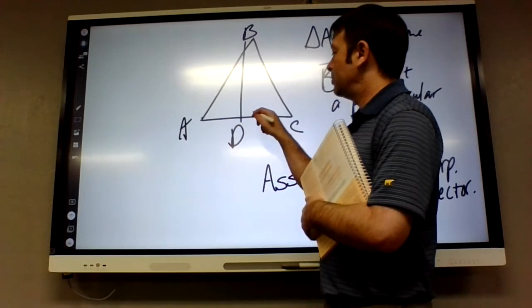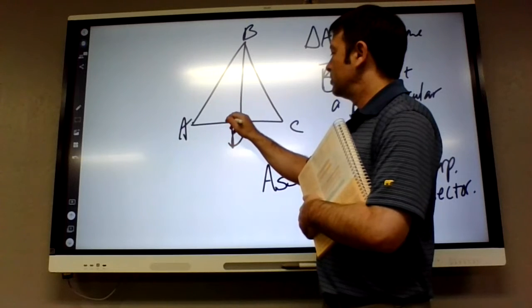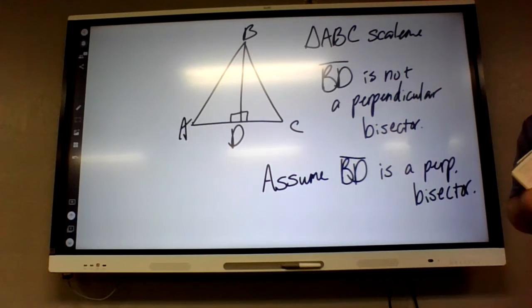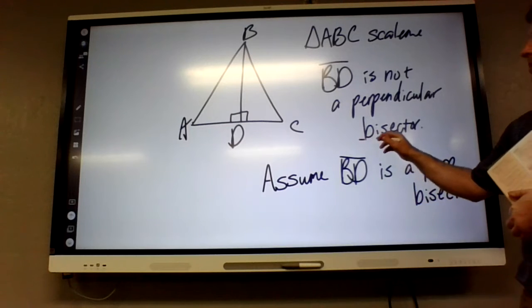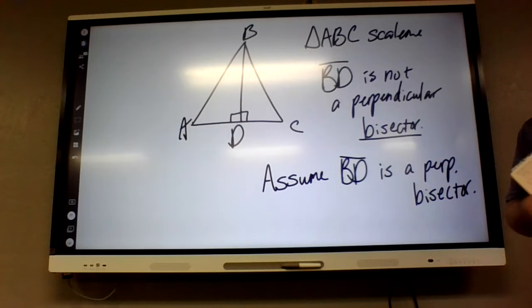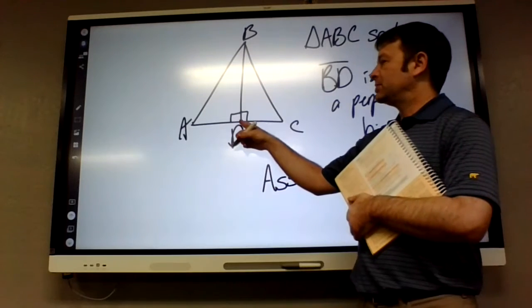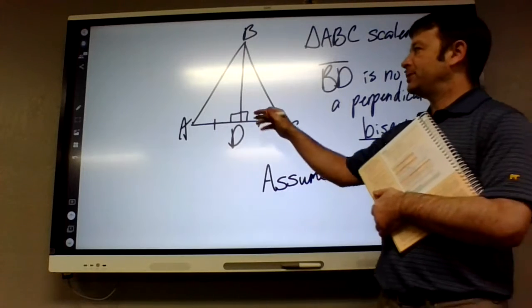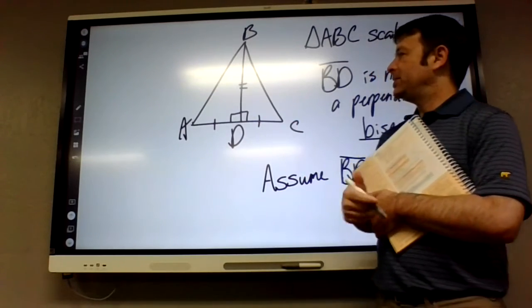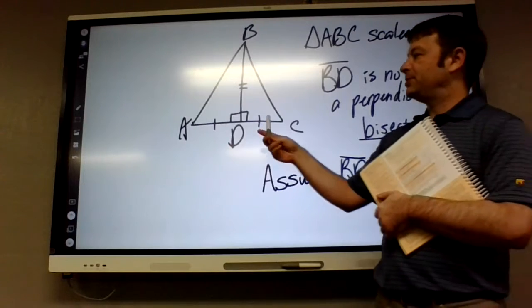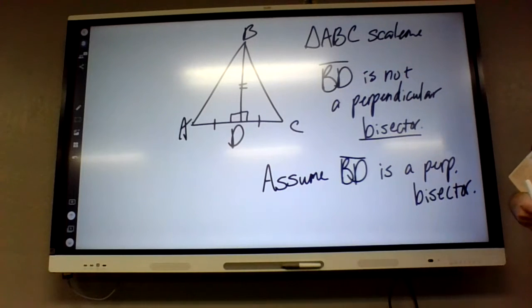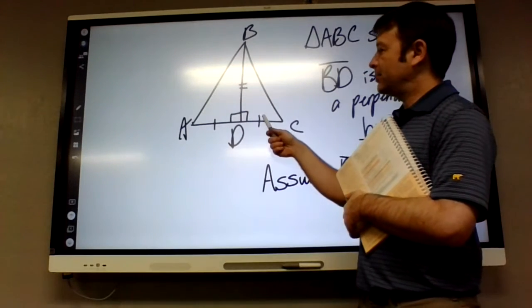Okay. Angle BDA is 90, angle BDC is 90, by definition of a perpendicular bisector. What else would I know? Bisector means it cuts this in half. So AD would be congruent to DC. What else do I know about these? BD is congruent to BD. So what do I know about these two triangles? Triangle ADB is congruent to triangle CDB by side angle side.